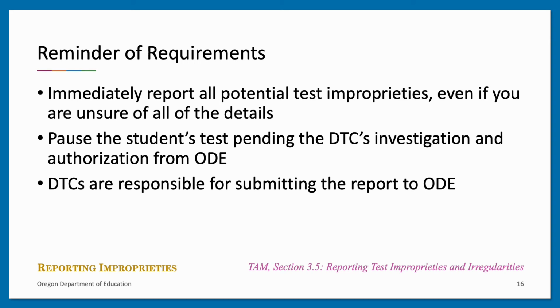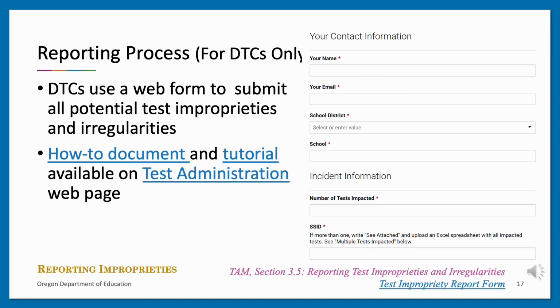If there is any doubt about whether an incident or behavior is permissible, either for students or adults, always check the TAM and/or seek clarification. DTCs must submit an initial report for all potential test improprieties to ODE within 1 day of learning of the potential test impropriety.